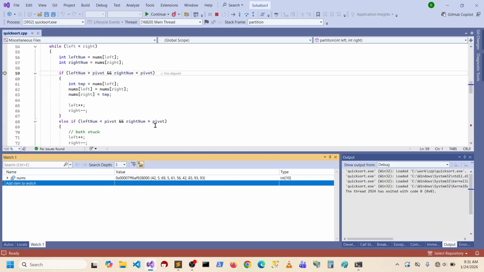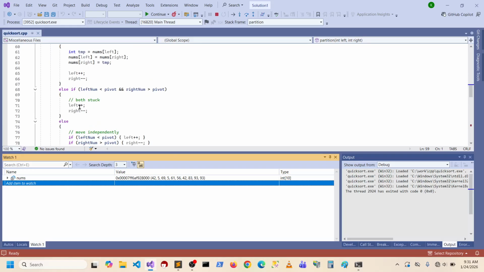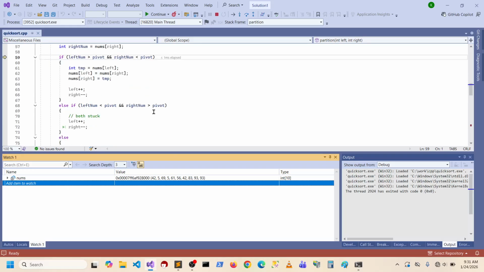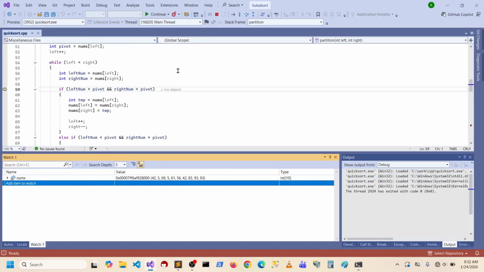Because even in the move code, the increment code here, it won't be triggered. See, left num is less than pivot and right num is greater than. But you don't always want to move it if it's with the pivot. I think it should swap. That's the only way you would get that swap out of here, because this isn't going to move. So that has to happen.